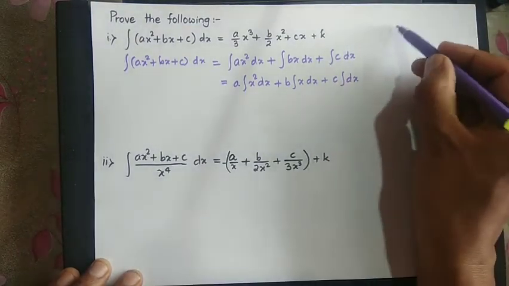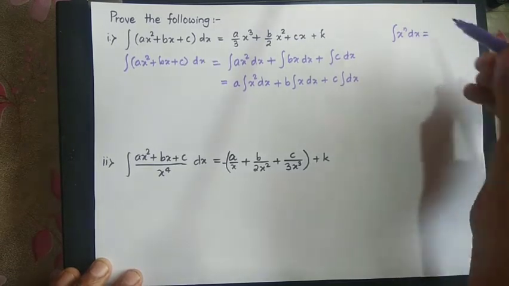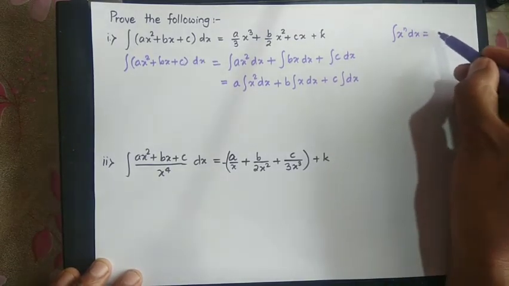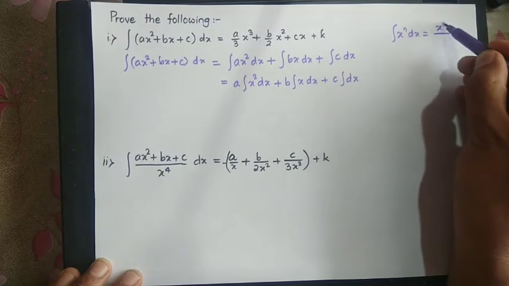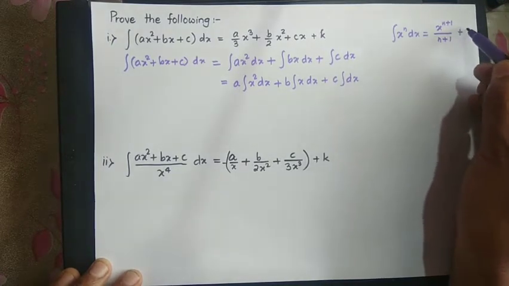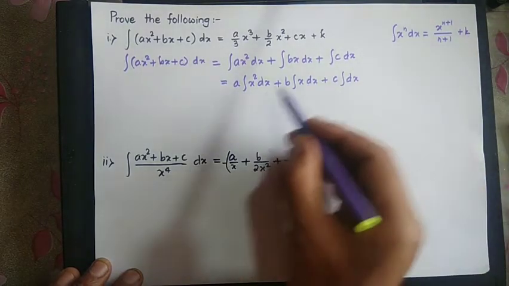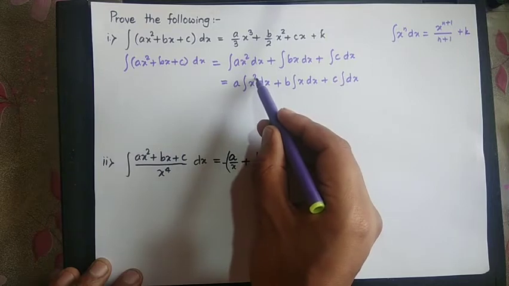Now we know that the integral of x to the power n with respect to x is given by x to the power n plus 1 by n plus 1 plus k, the constant of integration. Using this, here we have n as 2.